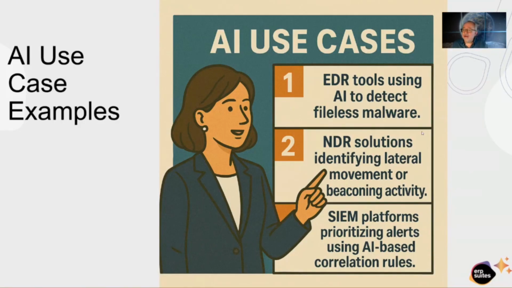It would not have been able to do that before without AI showing us that baseline. And back to our wonderful SIEM tool, those platforms can start prioritizing alerts using AI-based correlation rules. That comes back to that influencing each other, the policies influencing each other.